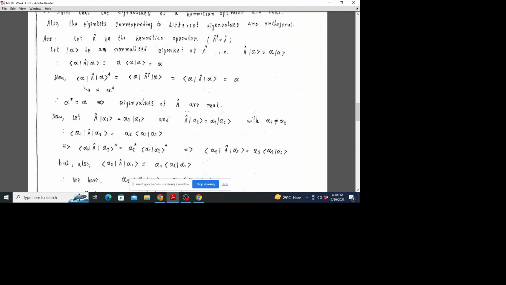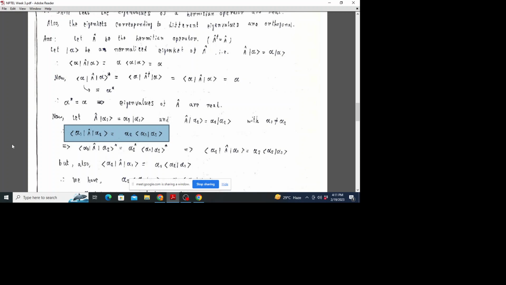Now let us act with the bra <alpha 1| on both sides of this relation. That is what I have done here.